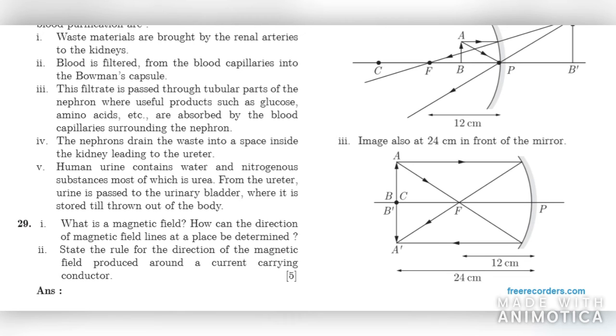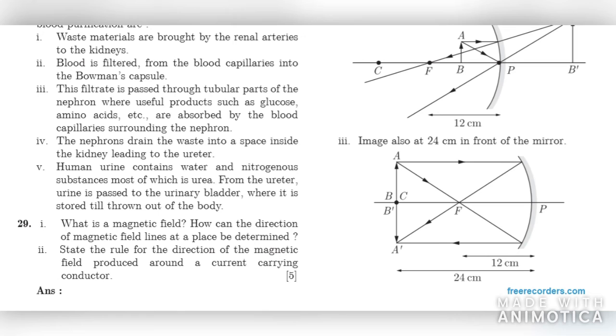Next, how can the direction of magnetic field lines at a place be determined? The direction of the magnetic field at a point is the direction of the resultant force, and the north end of a compass needle indicates the direction of the magnetic field at a particular point. That's how you can determine the direction of magnetic field lines at a place.